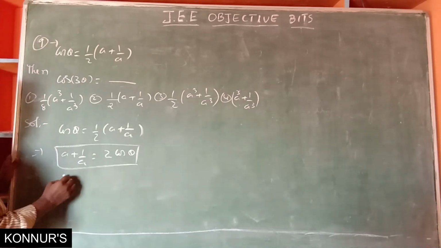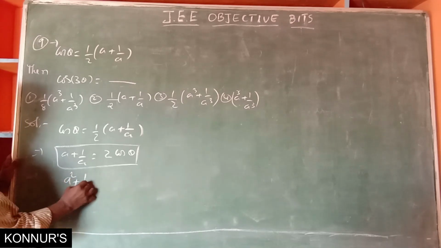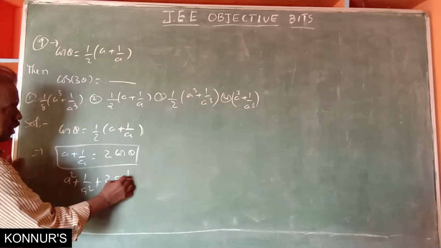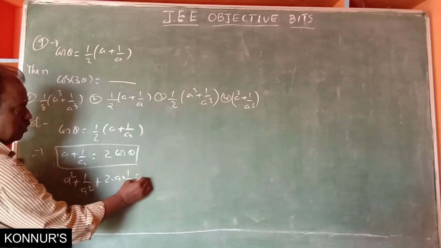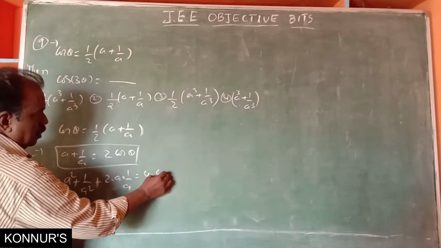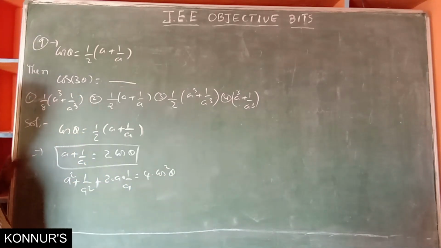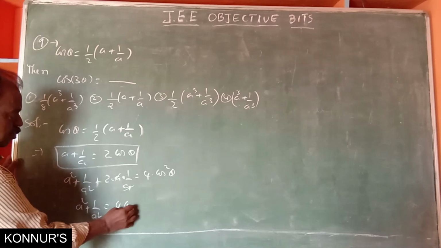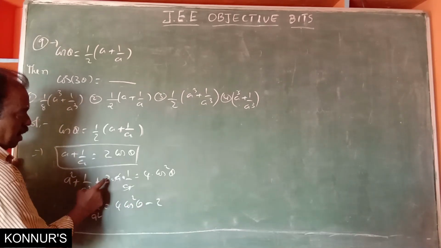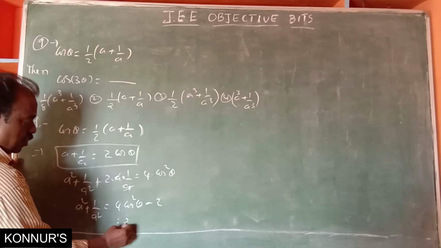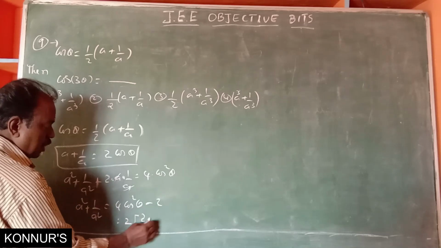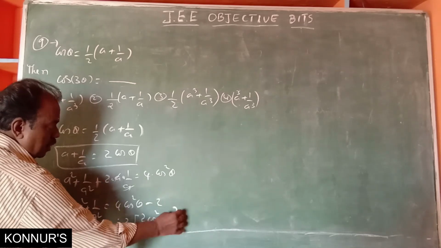If you square on both sides, it is a square plus 1 by a square plus 2 into a into 1 by a, equal to 4 cos square theta. Here a square plus 1 by a square is equal to 4 cos square theta minus 2, since the 2 goes to the other side. If you take 2 as common, we will get 2 into (2 cos square theta minus 1).